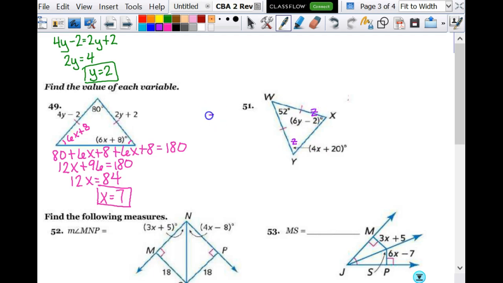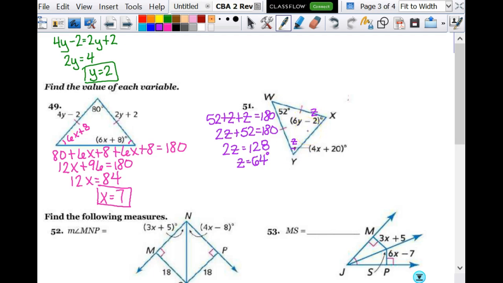So 52 plus 2z equals 180. So 2z equals 128, which means that z equals 64 degrees. All right, so each one of these angles that are congruent to each other have to both be 64.